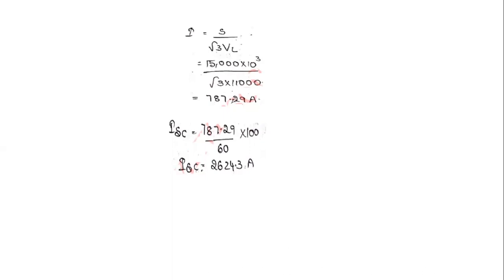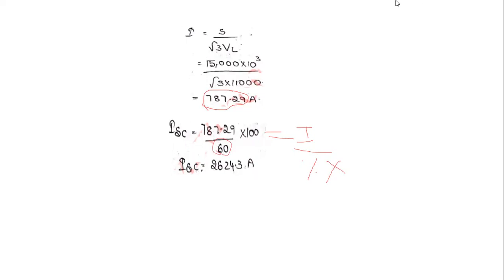Then the short circuit current ISC is equal to I by percentage X. What is the I value? 787.29 amperes by percentage reactance, that is 60.